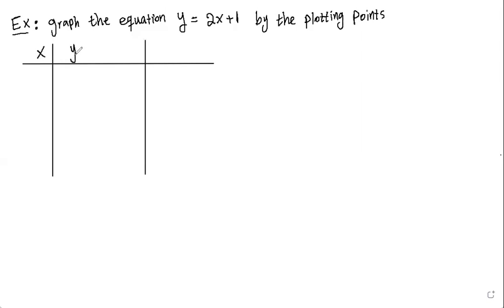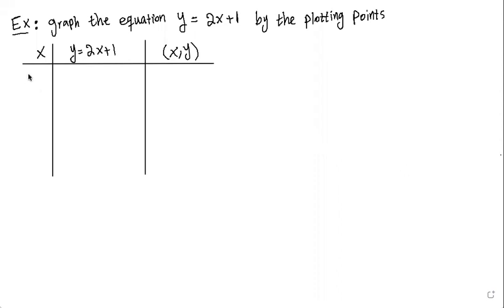Here is the graph, y equals 2x plus 1. This is the y value. Here is the ordered pair of the points x and y. Here we have to choose any random points, like negative numbers and positive numbers and the 0.